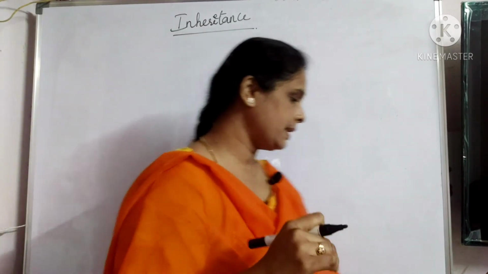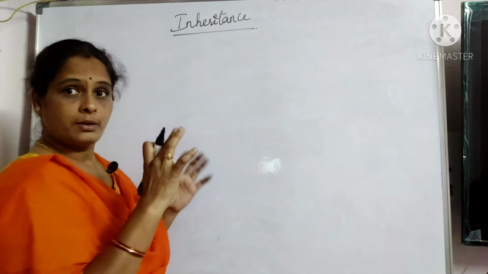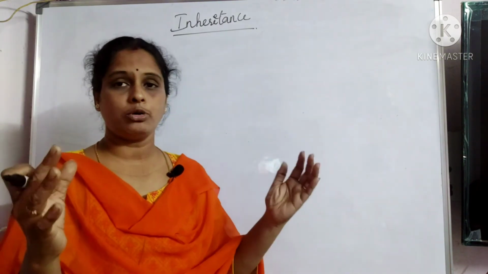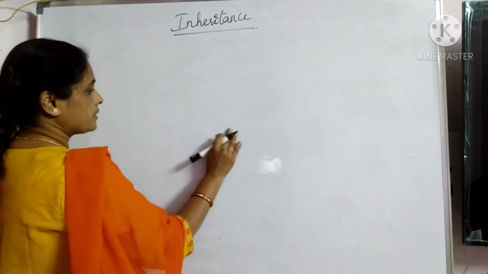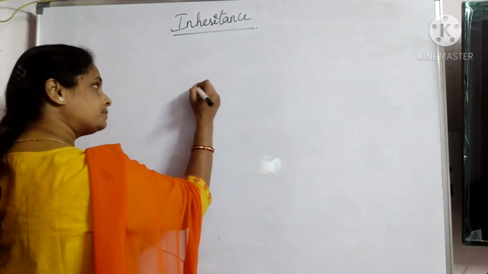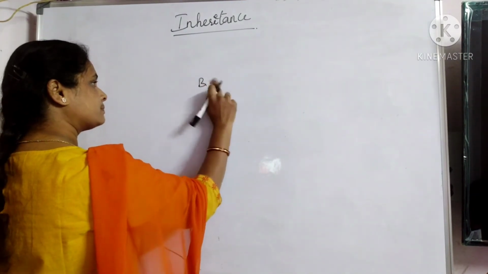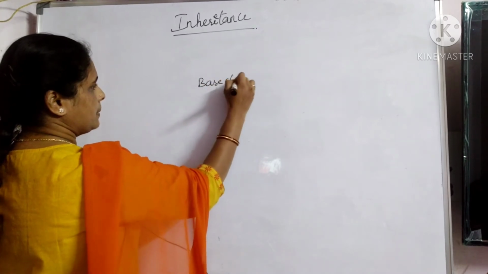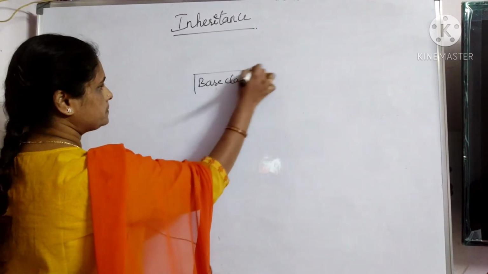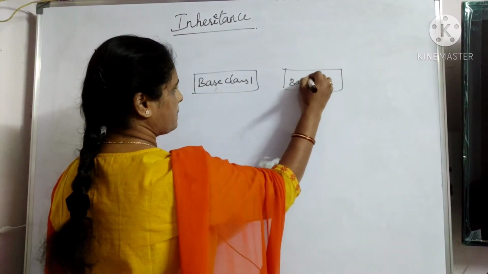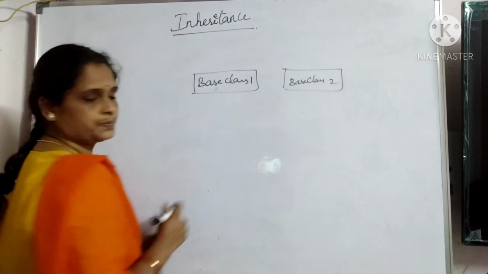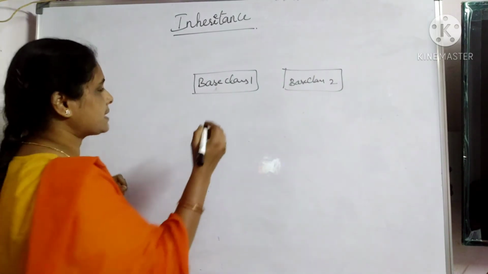Multiple inheritance is where we have more than one base class, and from those base classes one child gets inherited. Like you may have base class 1 and base class 2.